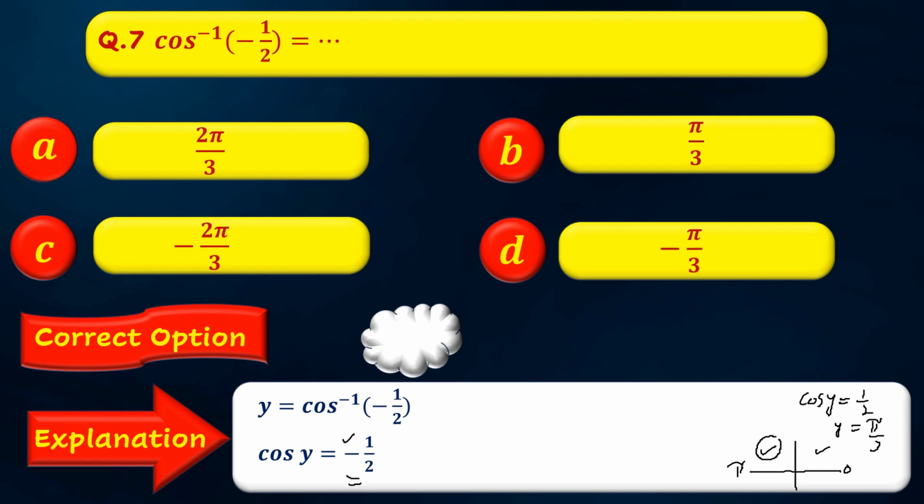Therefore in quadrant 2 we write the angle as pi minus a reference angle. Therefore y will be equal to pi minus pi by 3, which is the reference angle. On simplifying we get y is equal to 2 pi by 3. Therefore the correct option is option A.